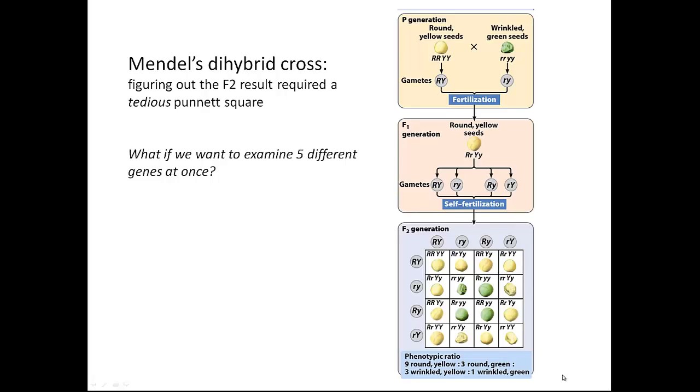Once we get to that point, it really becomes impossible to calculate probabilities based on a Punnett square. And so I'd like to teach you how to use probabilities to solve problems. So we're going to use probabilities to solve this result of Mendel's dihybrid cross, where we get this result of 9 to 3 to 3 to 1.